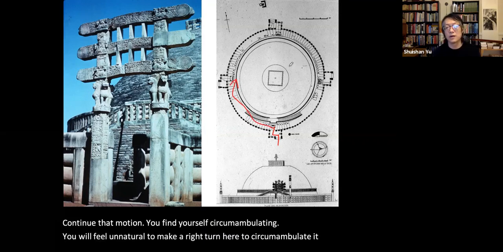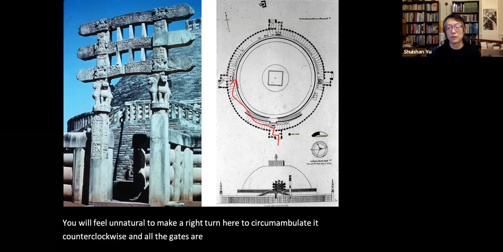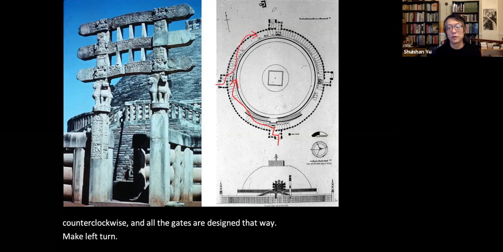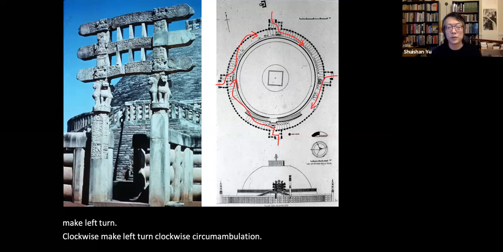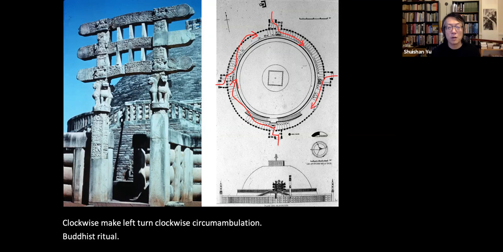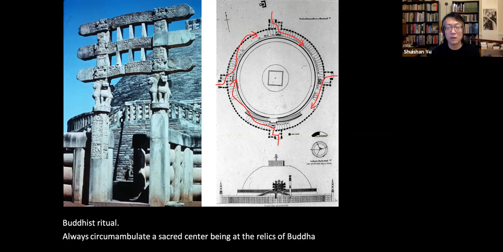And all the gates are designed that way. Make a left turn, clockwise circumambulation. Buddhist ritual requires you to always circumambulate a sacred center, be it the relics of Buddha or a statue of Buddha.